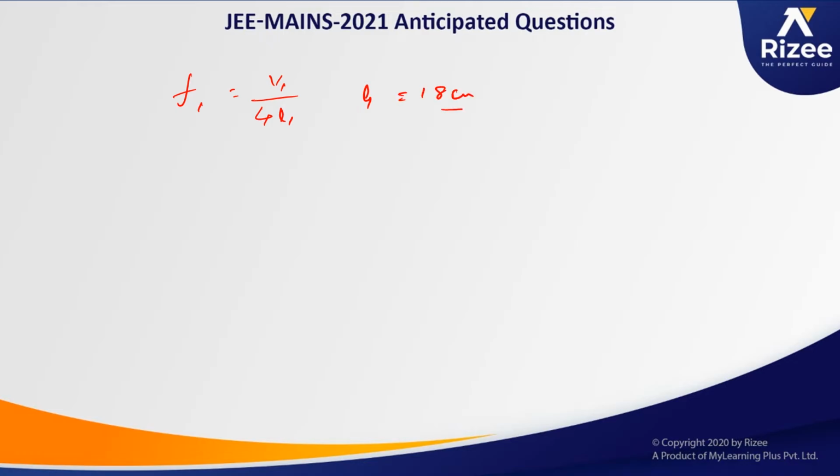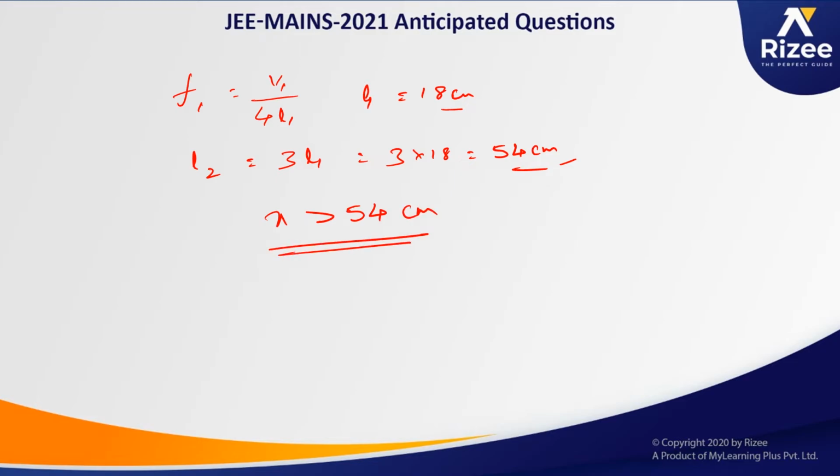So you should be getting the second resonating length, L2, as 3 times L1. So it is 3 into 18, which comes out to be 54. If the same experiment is conducted in the winter, you should be getting this value. But since it is in summer conditions, the velocity of sound will be increased, and correspondingly the x value has to be greater than 54 centimeters. So this should be your condition, sir.